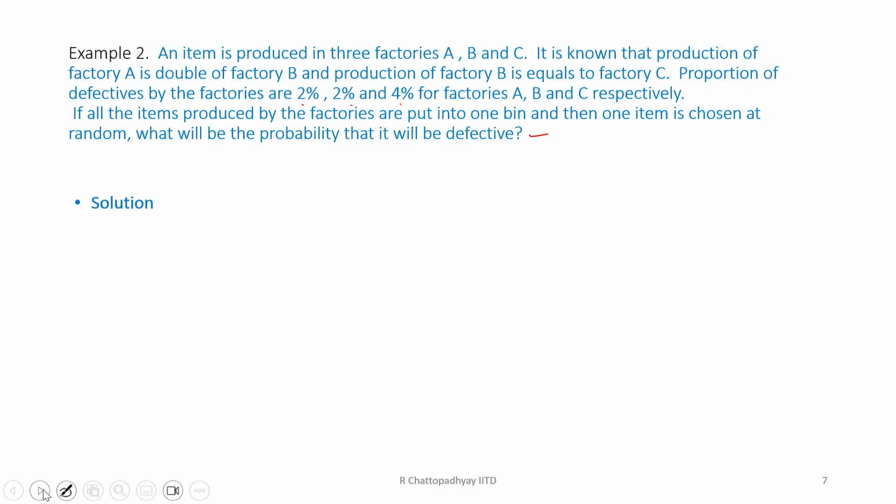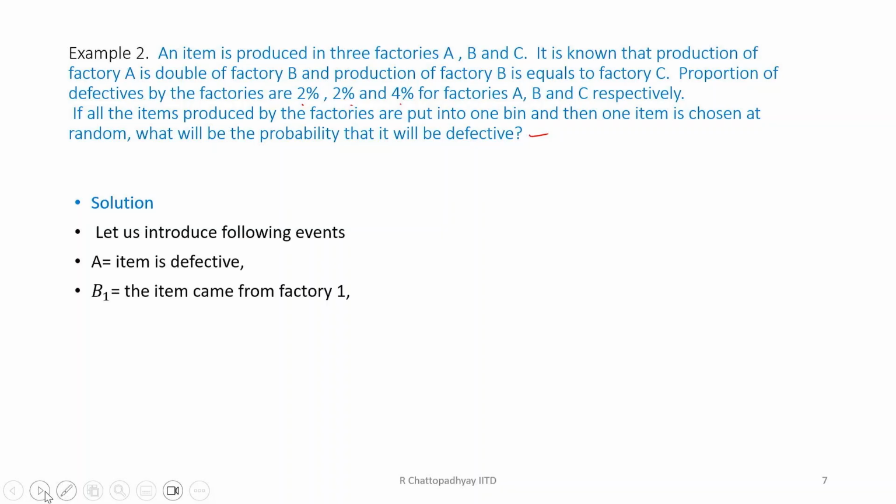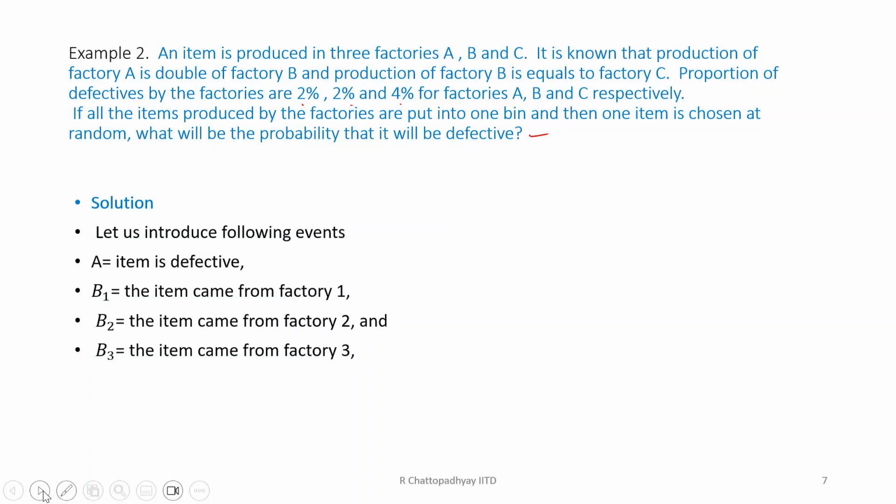So if we want to find out the solution for this, let us introduce the following events. A, that the item is defective. B1, that the item came from factory 1. B2, that the item came from factory 2. And B3, the item came from factory 3.